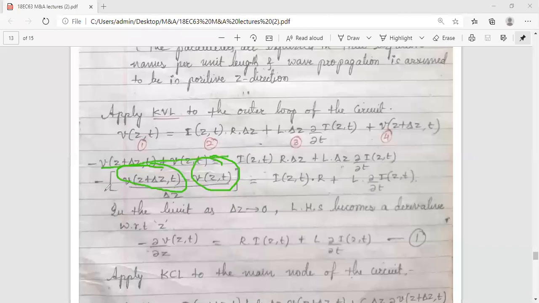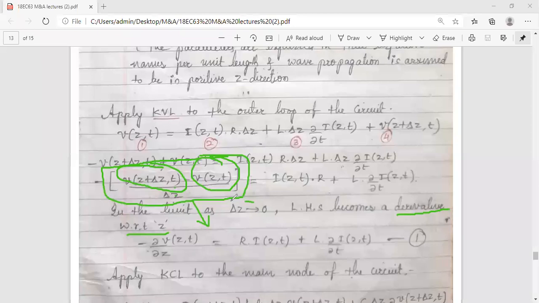So whatever this bracket equation, numerator by denominator exists, this will give you a derivative value with respect to z. This is nothing but the definition of differentiation.